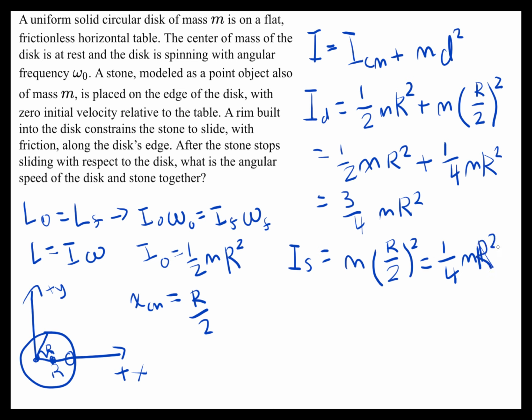To find the total moment of inertia after the interaction, we sum the moment of inertia of the disk and of the stone: 3/4 mr squared plus 1/4 mr squared, which gives a total of mr squared.